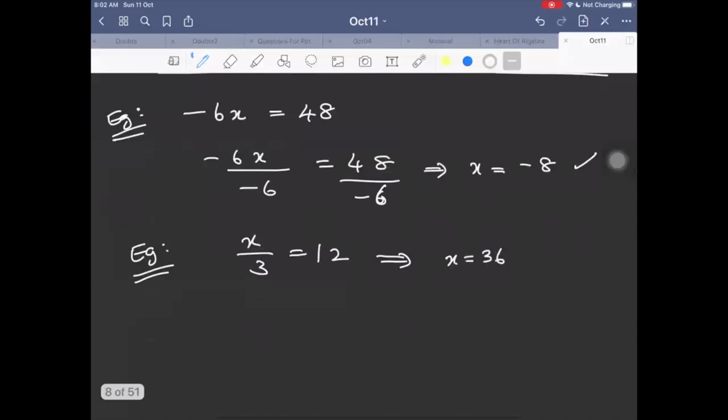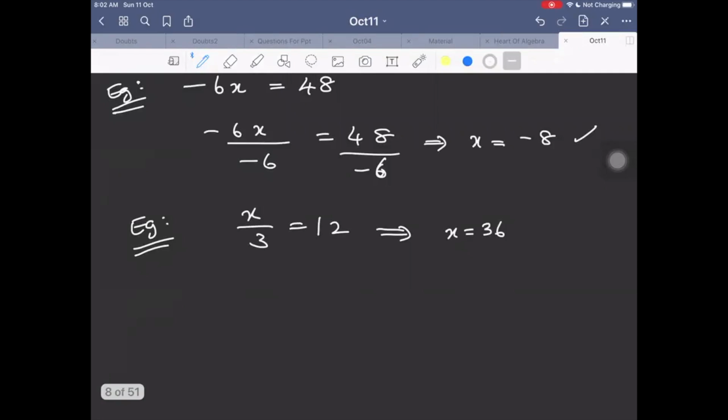Now, quickly, if we have ax is equal to b, what do you think will be the solution for x?